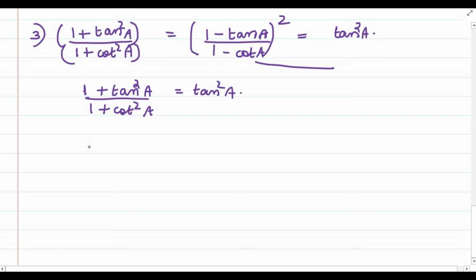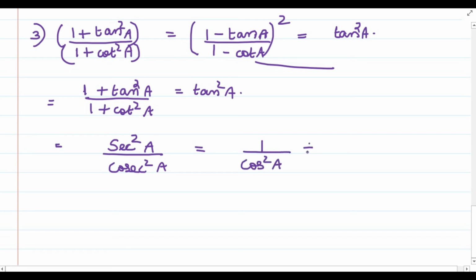So for this I'll take the left hand side. So 1 plus tan square A, by trigonometric identity we know it is sec square A. Same way 1 plus cot square A is cosec square A. And we know that sec is the reciprocal ratio of cos and cosec is the reciprocal ratio of sine.